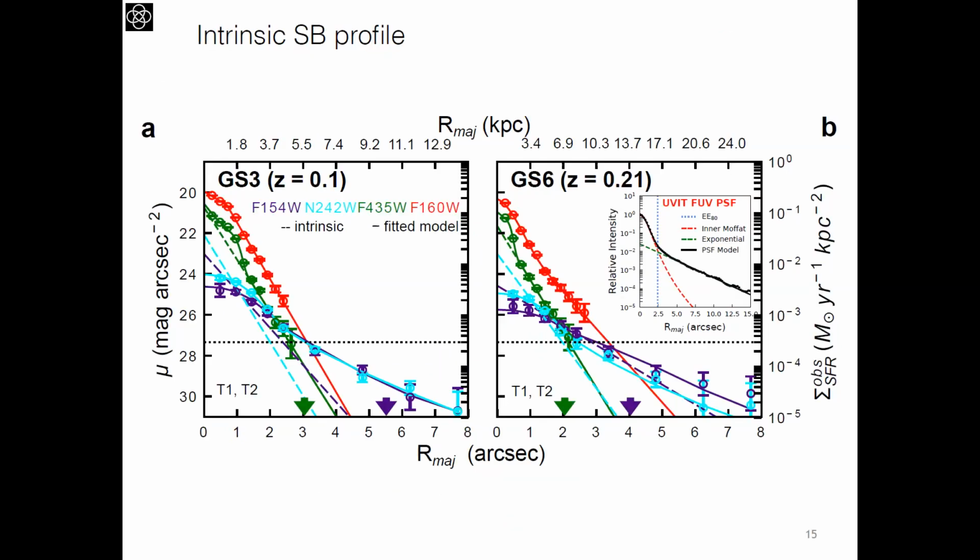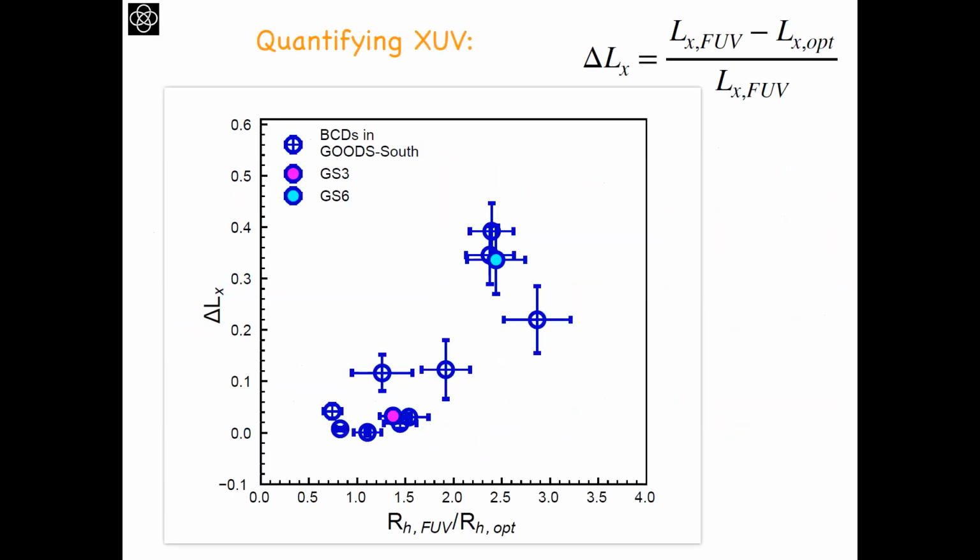You can see here, this is also the optical and the UV. So we estimate the intrinsic scale length of the optical and the UV surface brightness profile, and we estimate their ratios here.